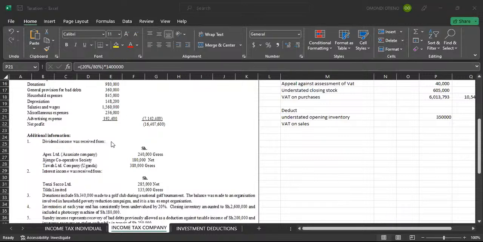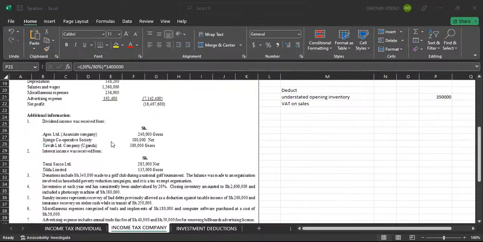Okay, somebody is saying that the note which tells us that the closing inventory is undervalued is not visible in this question. Can someone assist on the information telling us that the inventories at each year end were being undervalued by 20%?